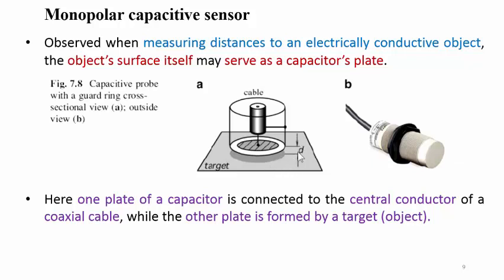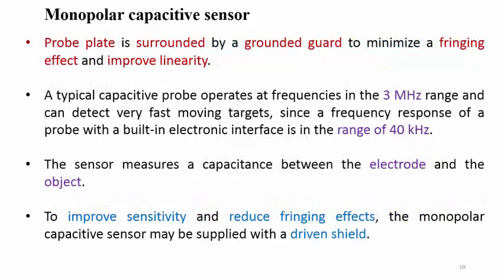Depending on the distance between the first plate of the sensor and the second plate, which is the target or object, shown here as the small distance d, we are getting a change in the output voltage from the external circuitry.